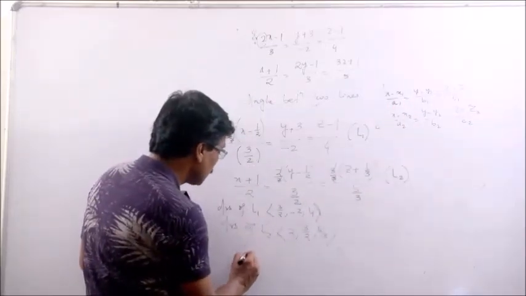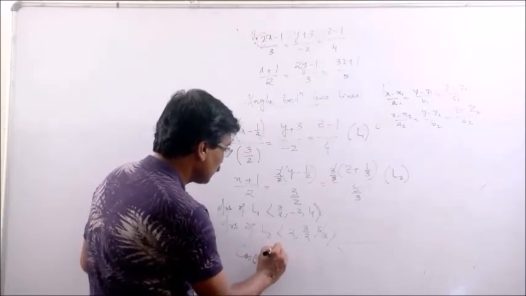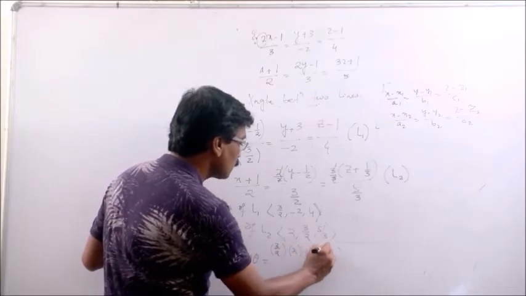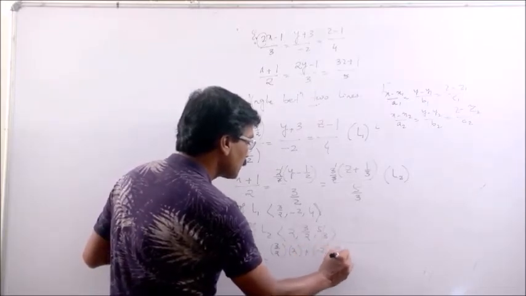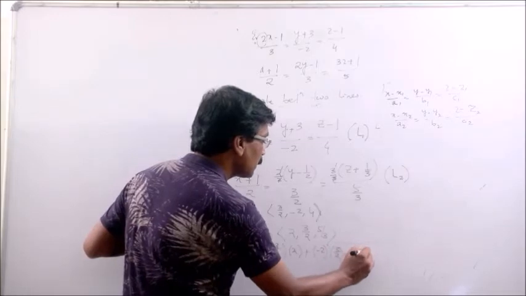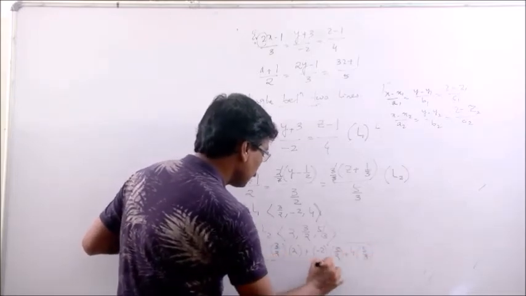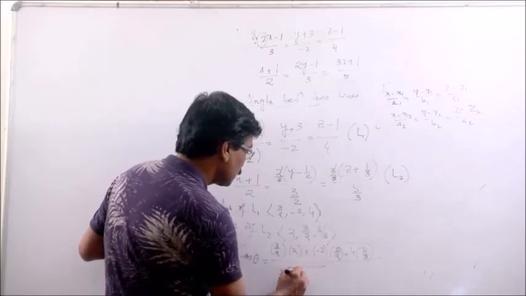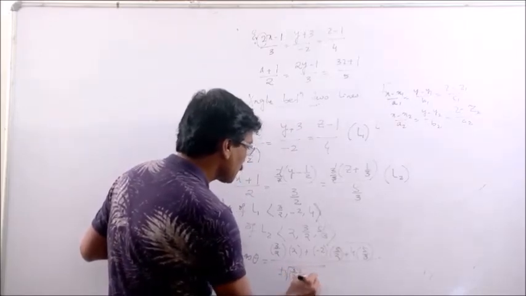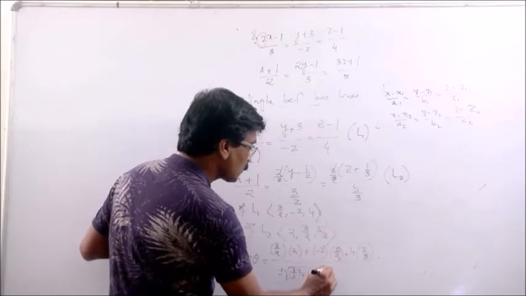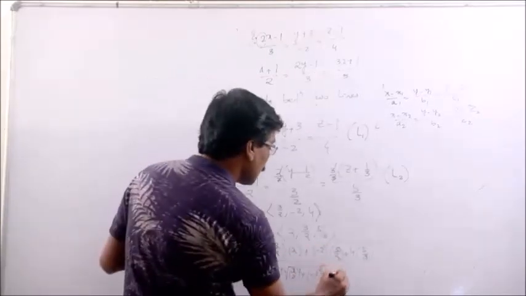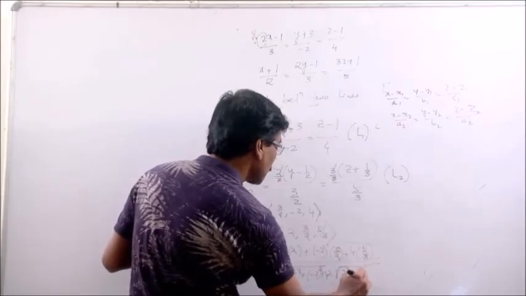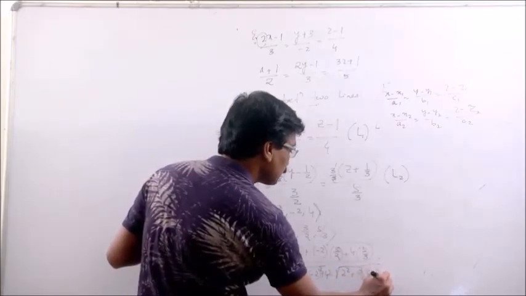Then cos theta is equal to 3 by 2 into 2 plus minus 2 into 3 by 2 plus 4 into 5 by 3 divided by plus minus root over of (3 by 2) square plus (minus 2) square plus 4 square, root over of 2 square plus (3 by 2) square plus (5 by 3) square.